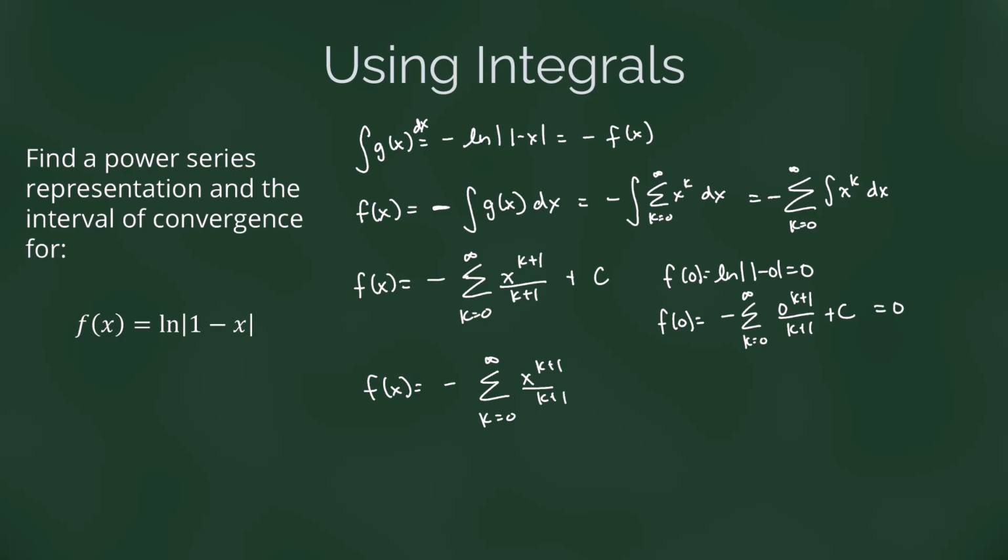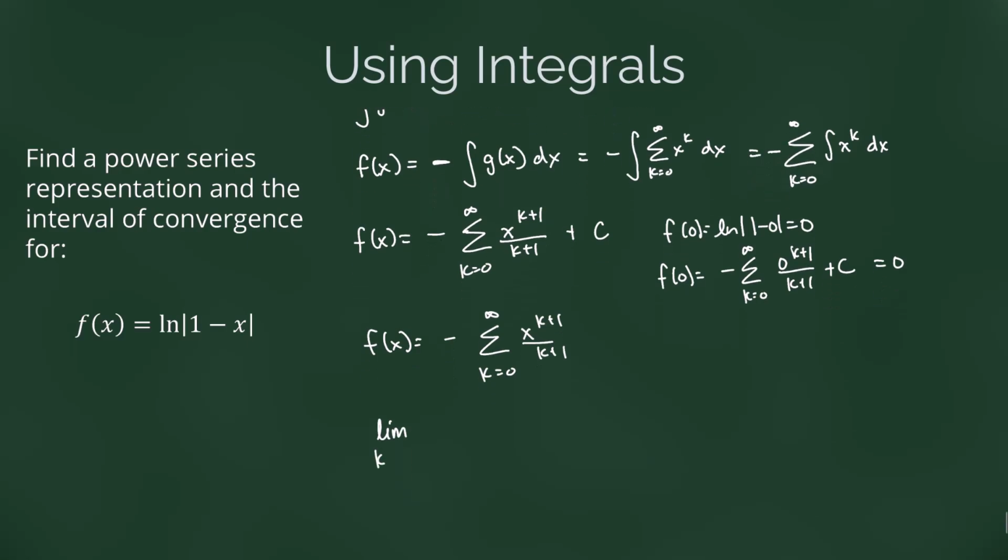So we're going to take the limit as k goes to infinity of the absolute value of x to the k plus 2 over k plus 2 times, because we're dividing by the previous term, we're just going to flip this over, k plus 1 over x to the k plus 1. The k plus 1 over k plus 2 limit is 1, so we just get the absolute value of x. And so we can see that our radius of convergence is 1.